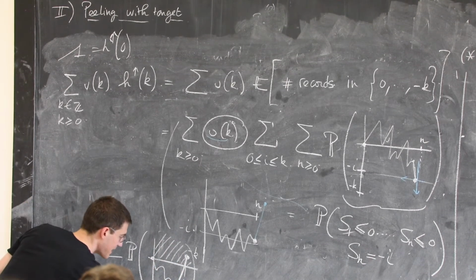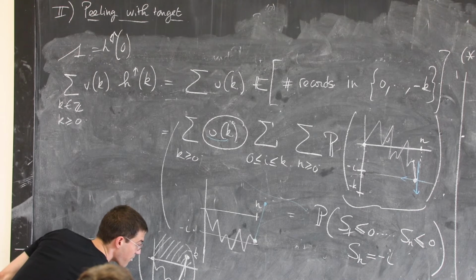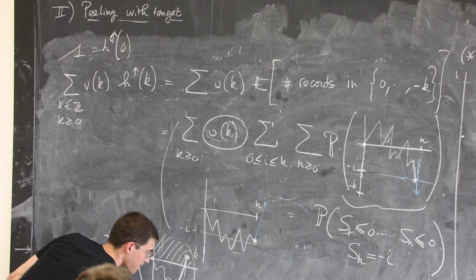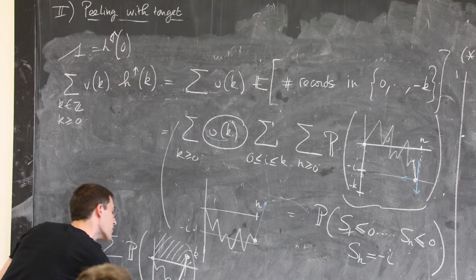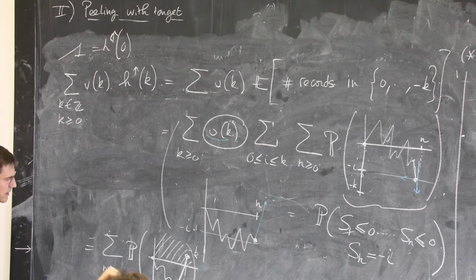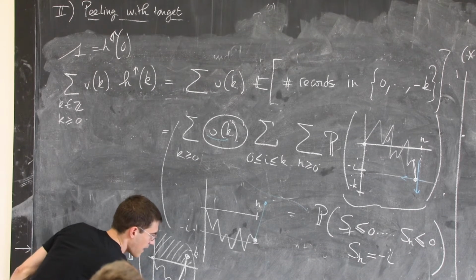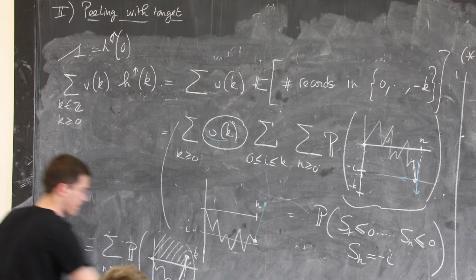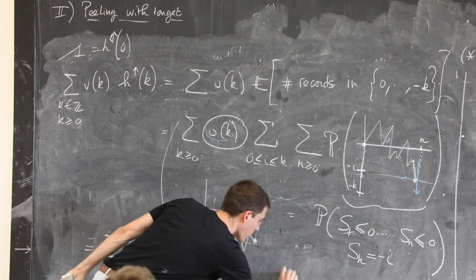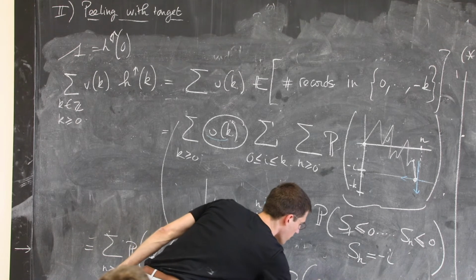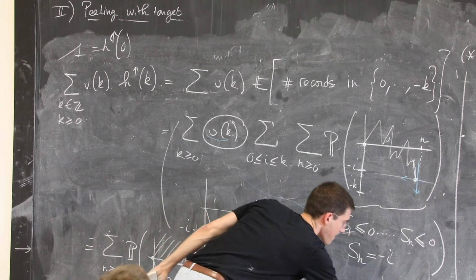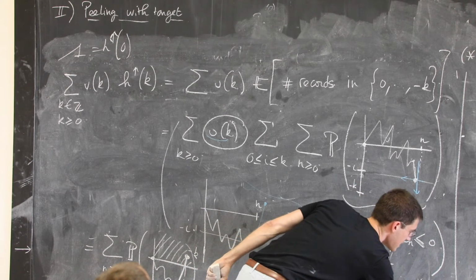So that's the probability that my first return in Z positive, that's the return time, so let me put a star, it may not be 0, appears at time n. So if I sum over n, that's just the probability that my walk, Sn, comes back to Z.